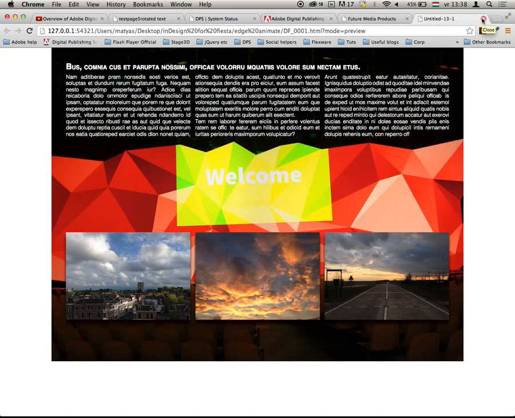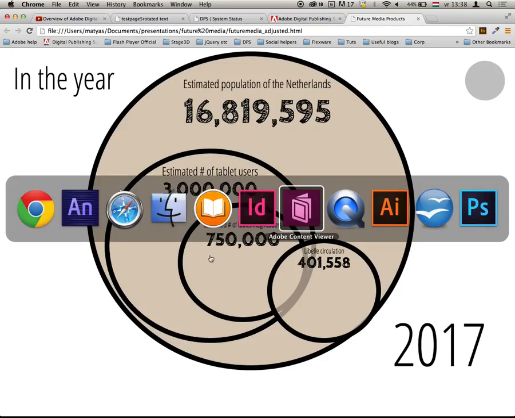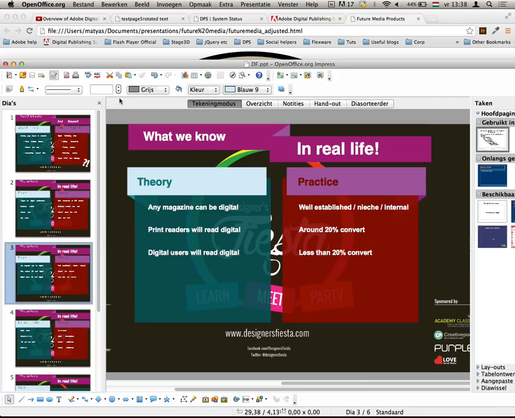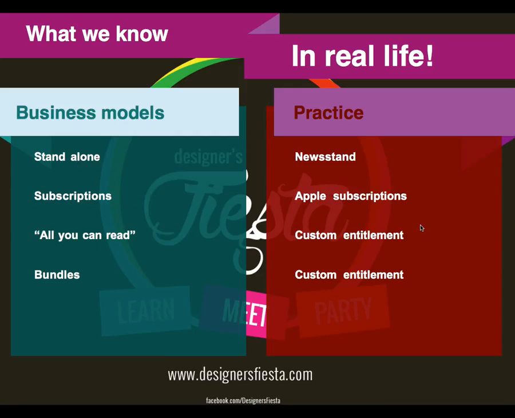Now, again, adding interactivity is key, and I'm just really quickly going to go back to my short presentation here. And these are the business models that are made available to us.